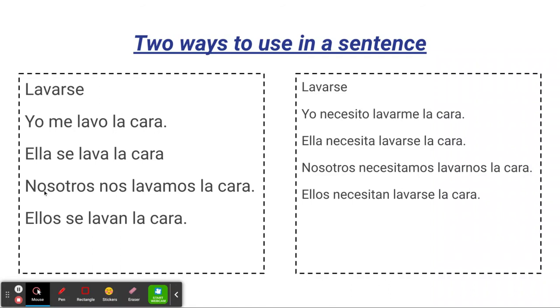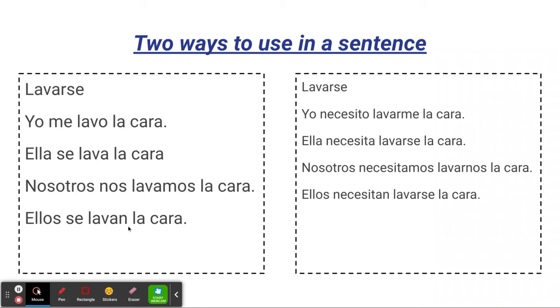We move on to our next sentence, nosotros, right? Nosotros nos lavamos la cara. Again, the verb is always going to be conjugated based on the subject. So if we start off with lavarse, and the subject is nosotros, we're going to change lavar into lavamos and put the reflexive pronoun.